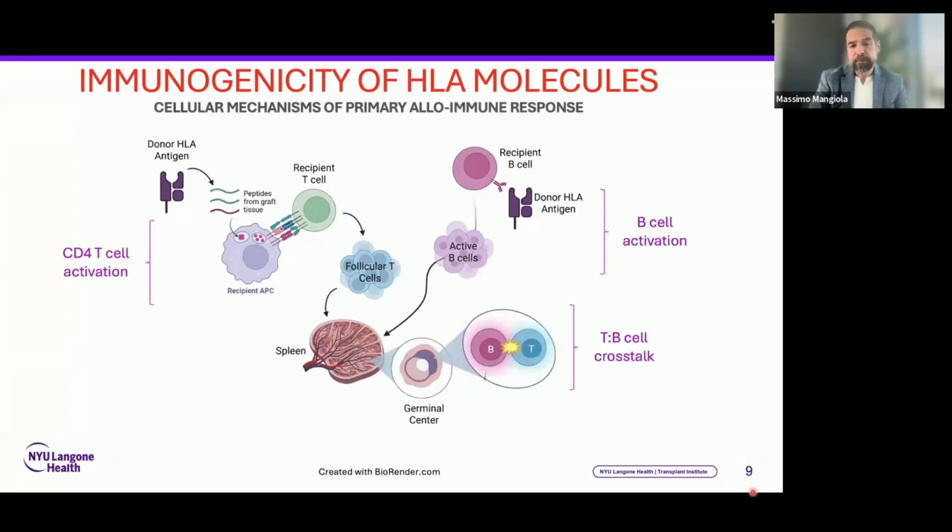In the spleen, and specifically in the germinal center, T and B cells will connect to each other. This is the T-B cell crosstalk. And if this crosstalk is efficient, there will be maturation of the B cells into plasma cells, a generation of antibody. And now we have T cell, cellular and humoral activity against the organ.